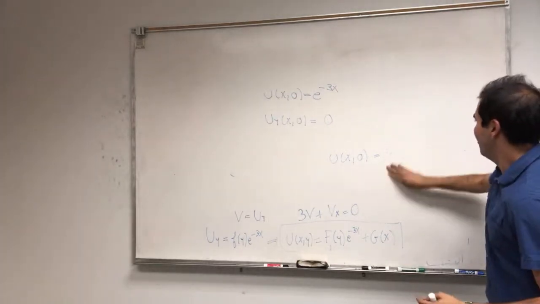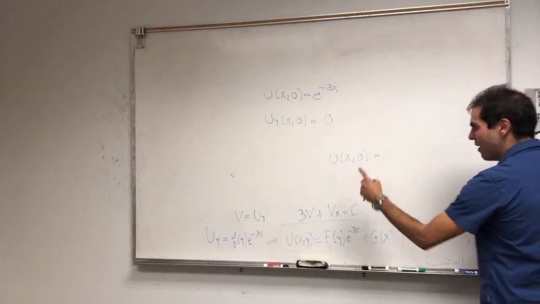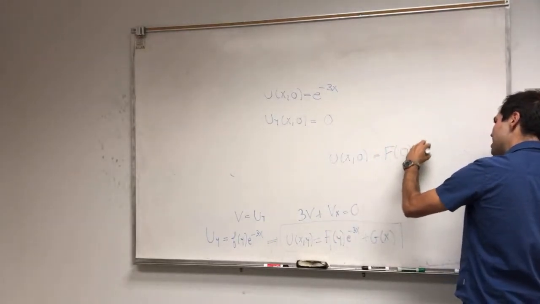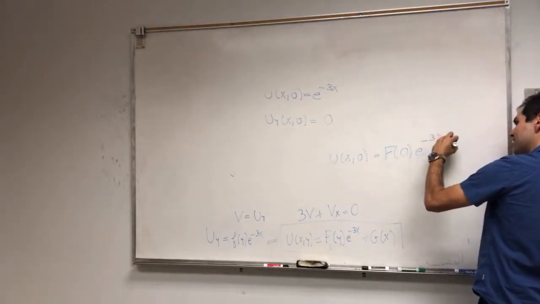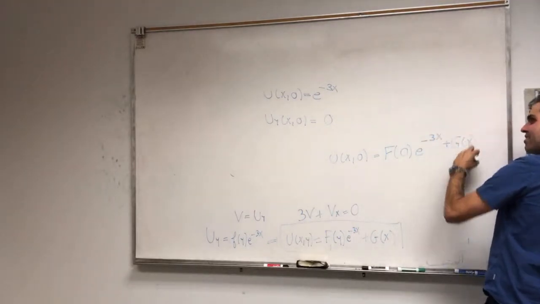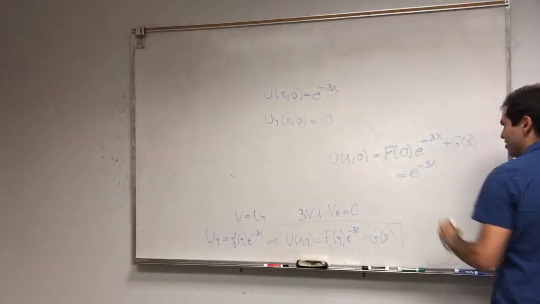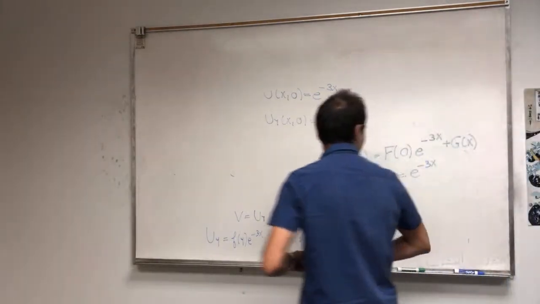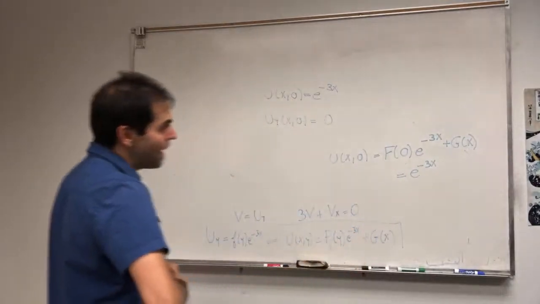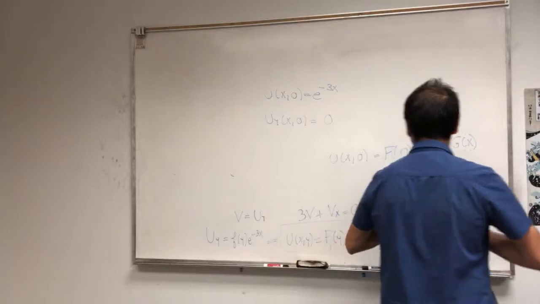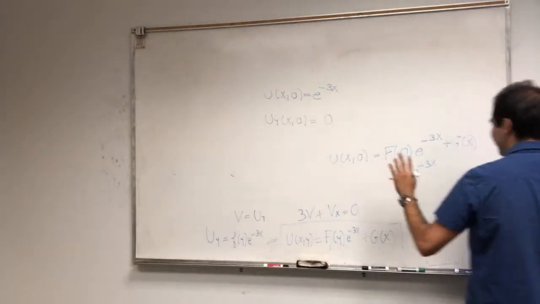I don't know what I'm thinking of today. So you plug in y = 0. So f(0)e^(-3x) + g(x). And we know this is e^(-3x). So I'm guessing this means maybe f(0) is 1 and g(x) is 0.